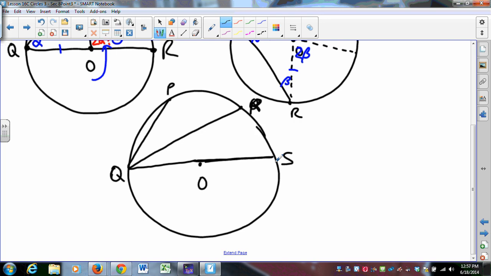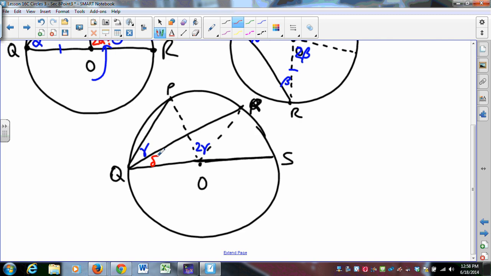Maybe the other endpoint is S. I'm looking to show that if the inscribed angle is gamma, then POR is 2 gamma. That's the basic idea. Let's pretend that that's delta.